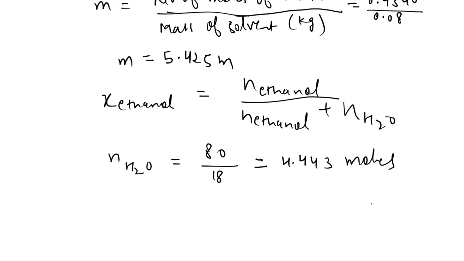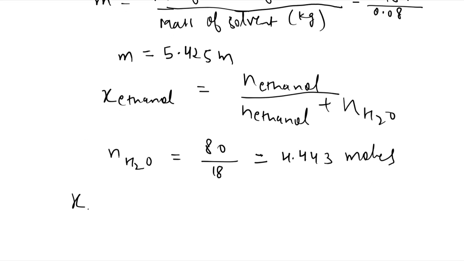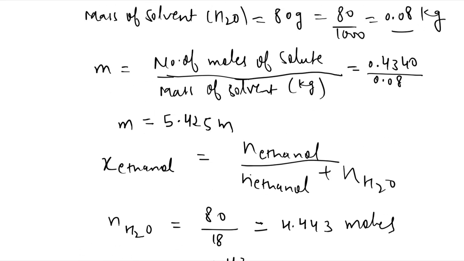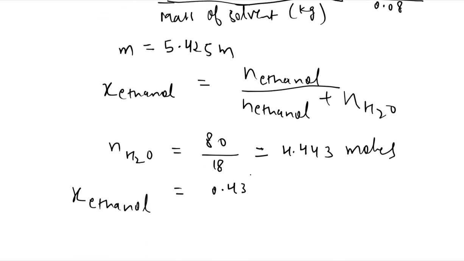So now we can just put it in the formula. The mole fraction of ethanol would be 0.4340 divided by 0.4340 plus the number of moles of water, 4.443.